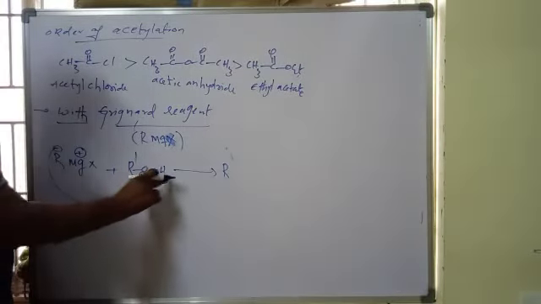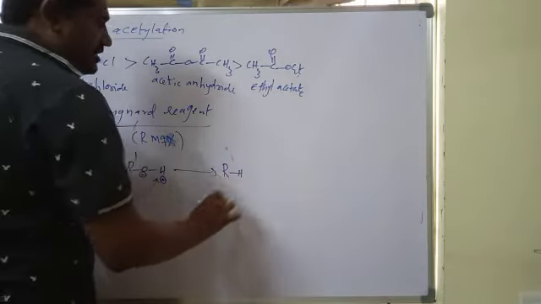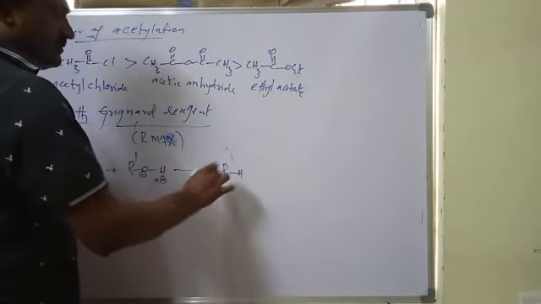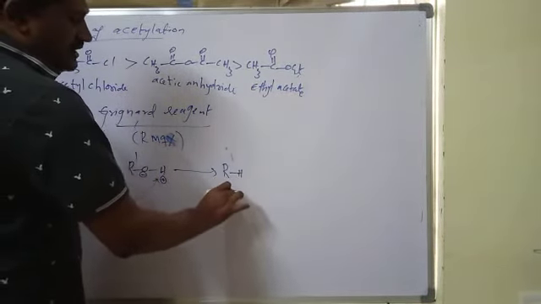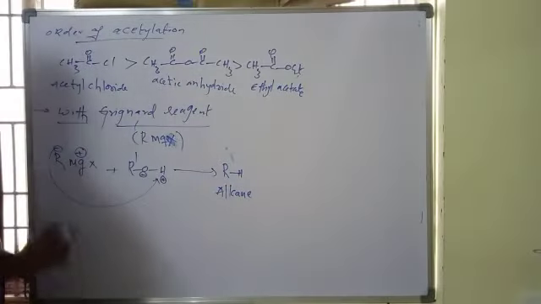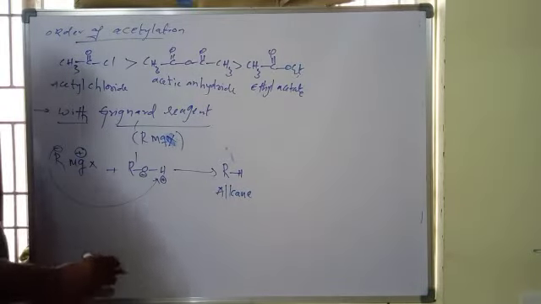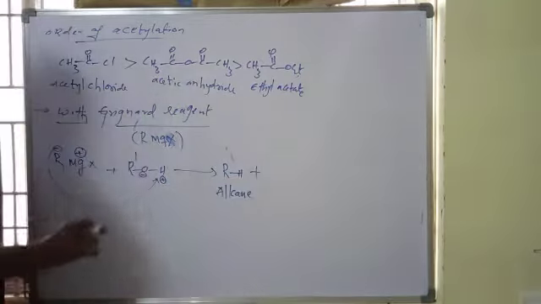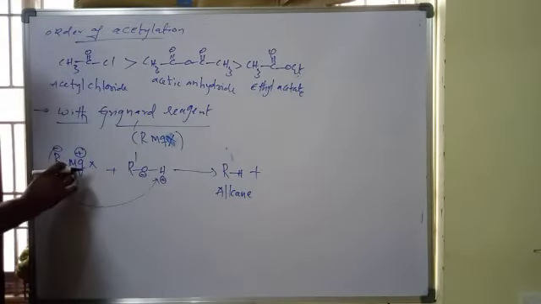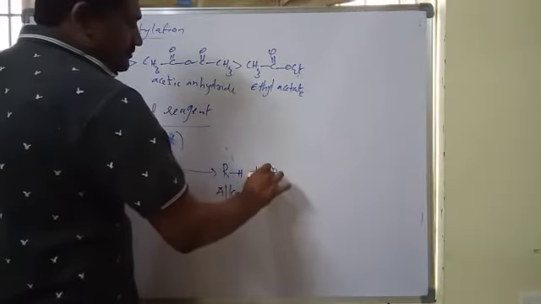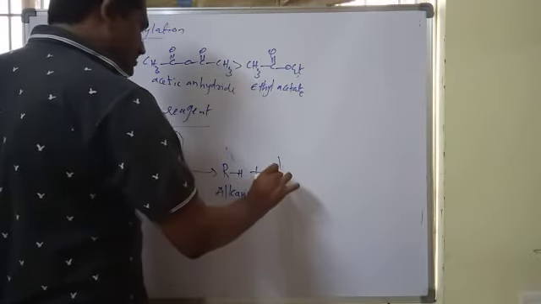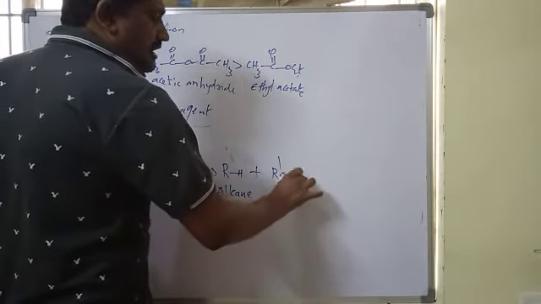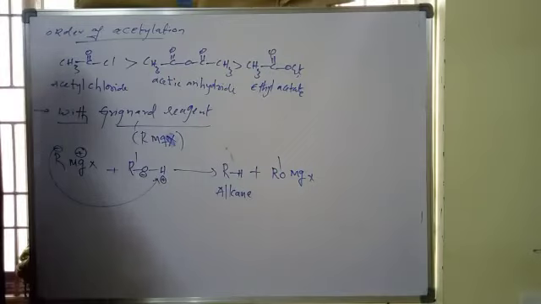This R takes H and we get a hydrocarbon, an alkane. If R is methyl, we will get methane. Plus R'O minus joins with MgX plus, giving R'OMgX. So this is the main product.